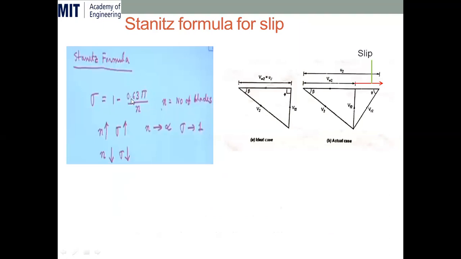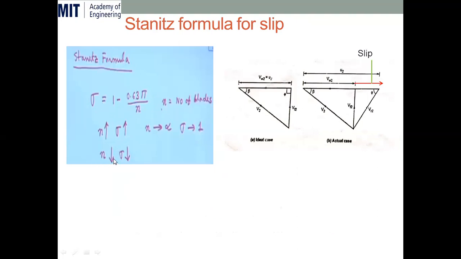This is 1 minus something less than 1, so sigma tends to increase. If this ratio tends to 0, sigma tends to 1, so due to the decrease in this ratio sigma increases. This is not good.